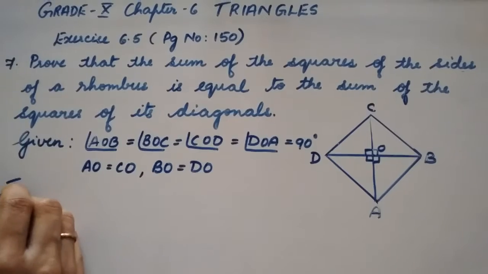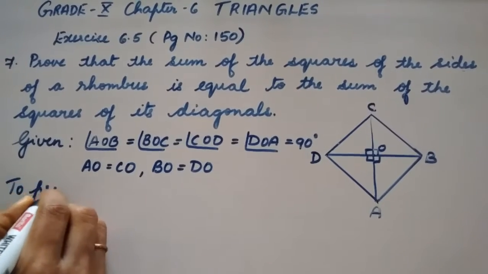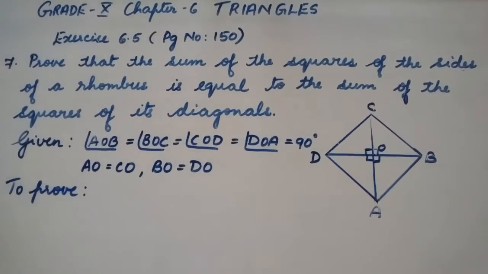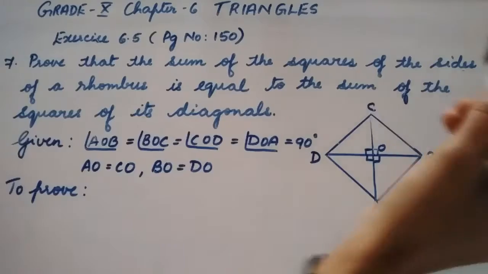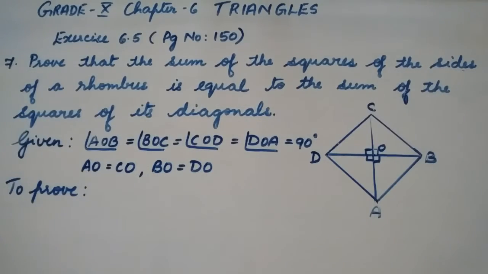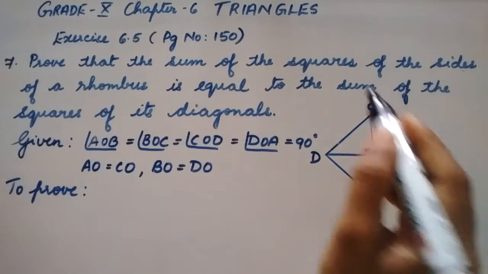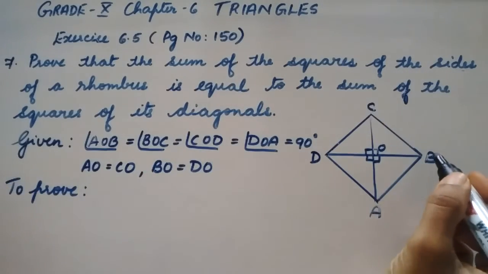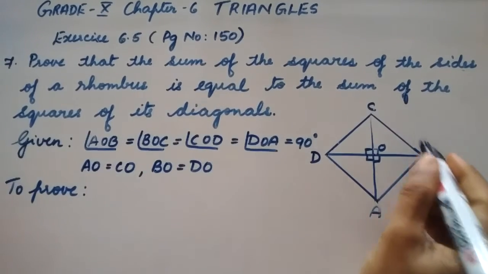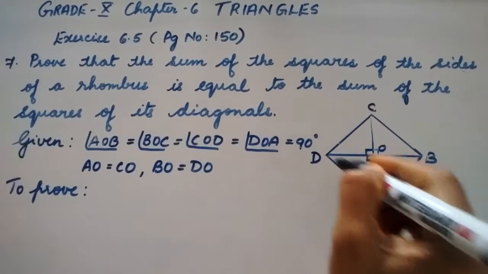So let us write first, to prove. What we need to prove here? The sum of the squares of the sides of a rhombus. So here we have sides AB, BC, CD and DA.